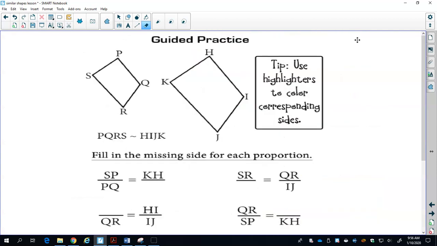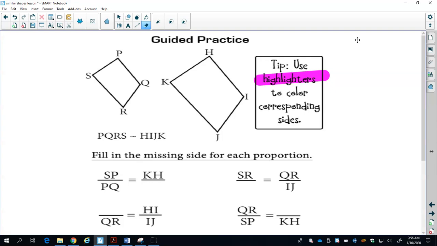All right. Now inside here, we're going to look at lining up our side lengths to figure out the missing sides. So you can either use highlighters. You guys have highlighters at your desk to go along with me. I'm going to do that, but I'm also going to use the symbols to show the corresponding sides.